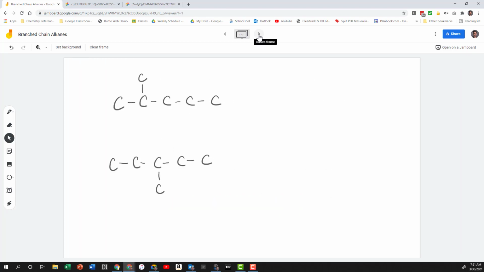I'm not going to put the hydrogen atoms on there because they're not super important when we're naming them. It's easier to see it this way. They take a long time to write on there. So the longest continuous chain here is our 5 carbon atoms, right? And again, we can see that we've got a methyl group hanging off here and a methyl group hanging off here.